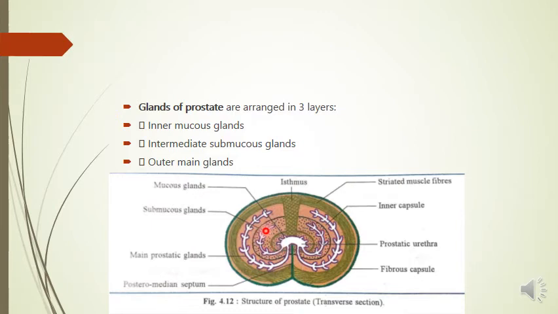Then intermediate we will see the submucous glands, and the main glands are present on the outer side. So that is the peripheral zone. 70% of the glands are seen in the peripheral zone, and there is a central zone, and there is a transition zone here, right?